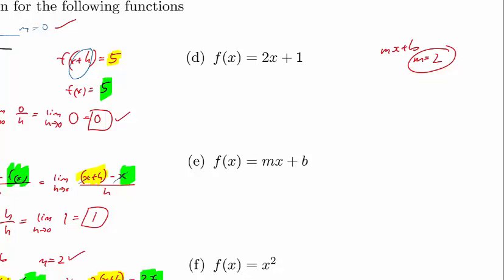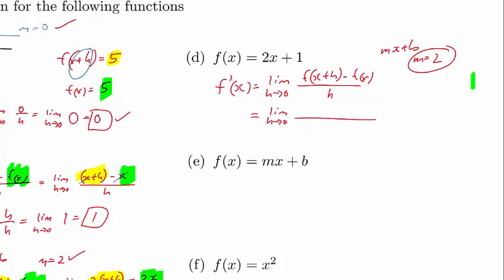So let's go ahead and work this through. F prime at x equals the limit as h goes to 0 of f of x plus h minus f of x all over h. Hit the pause button, try and work through this one, and then resume. Limit as h goes to 0.